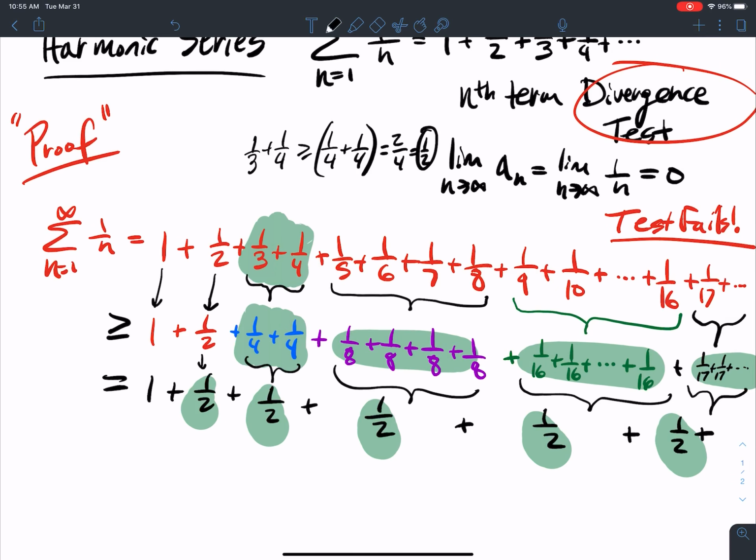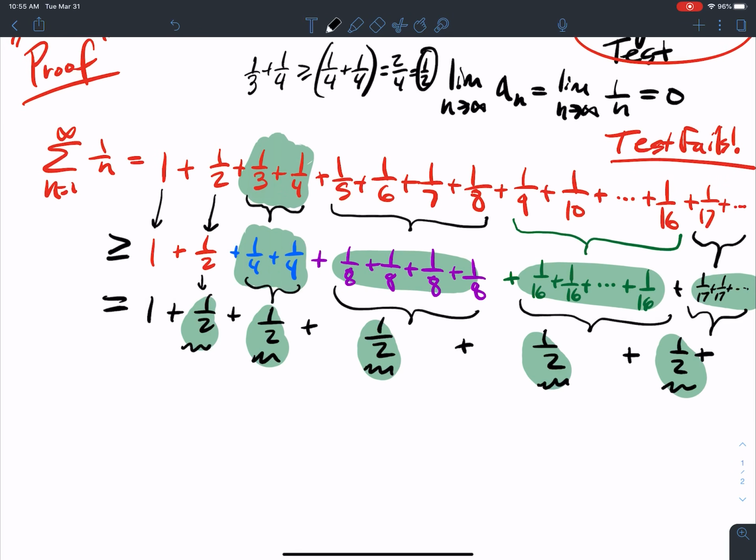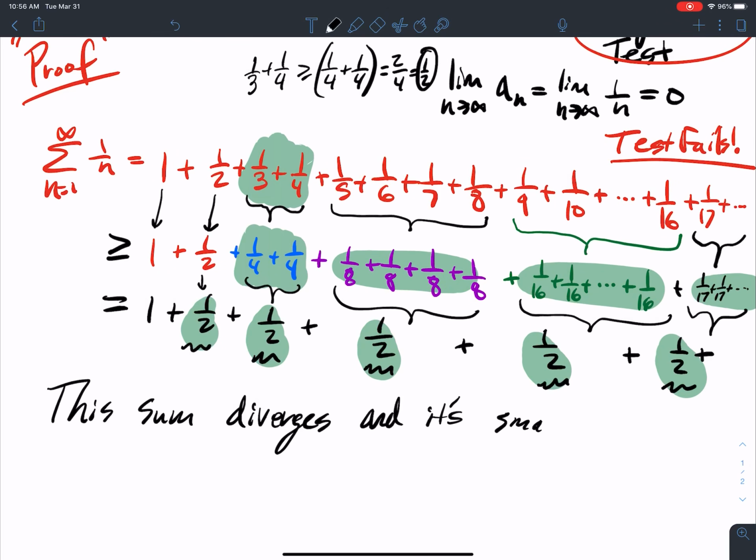All right, now what happens if I add a half infinitely many times? I get half of an infinity, which last time I checked, half of infinity is still infinity. So this sum diverges, and it's smaller than the series n equal 1 to infinity of 1 over n.